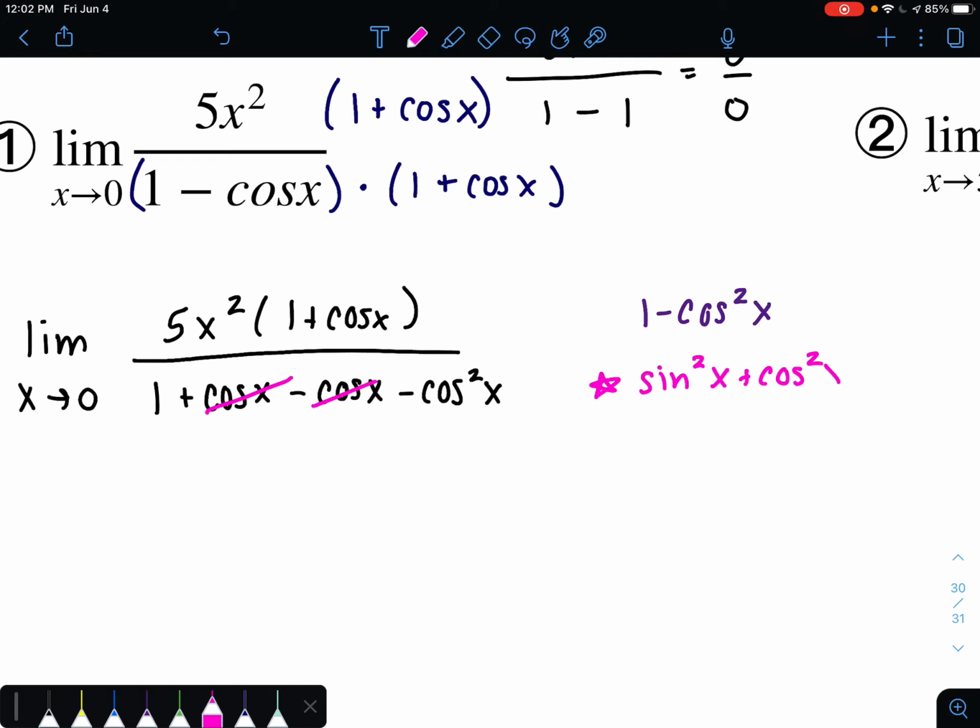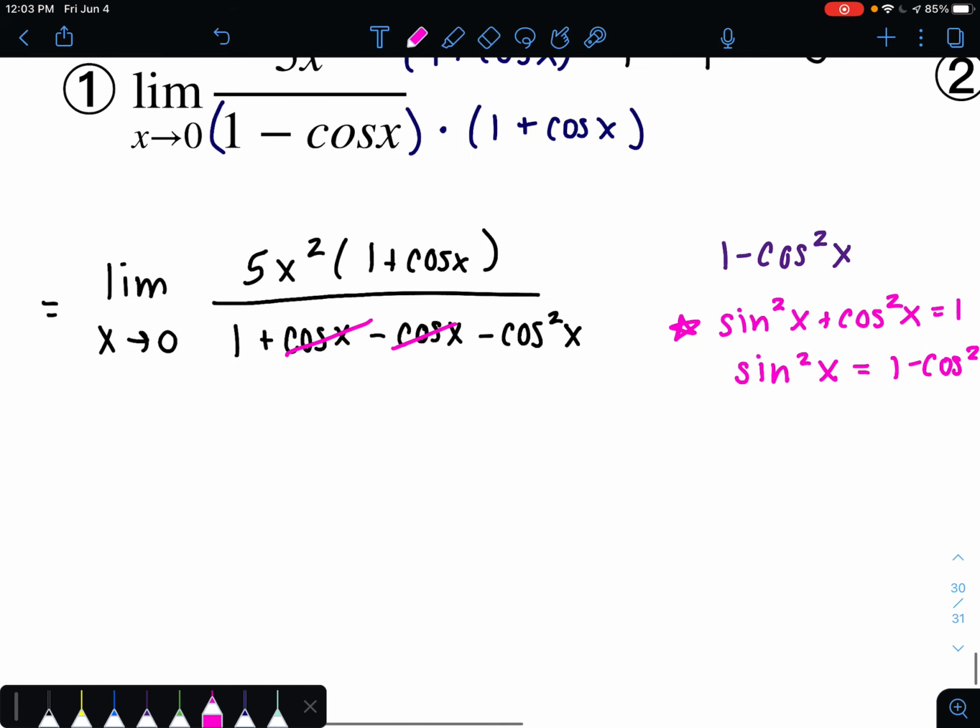Now we want to recall that sine squared of x plus cosine squared of x is equal to 1, the Pythagorean trig identities. These are super important to know. You want to at least know this one off the top of your head. If I manipulate this, it means that sine squared of x is equal to 1 minus cosine squared of x.